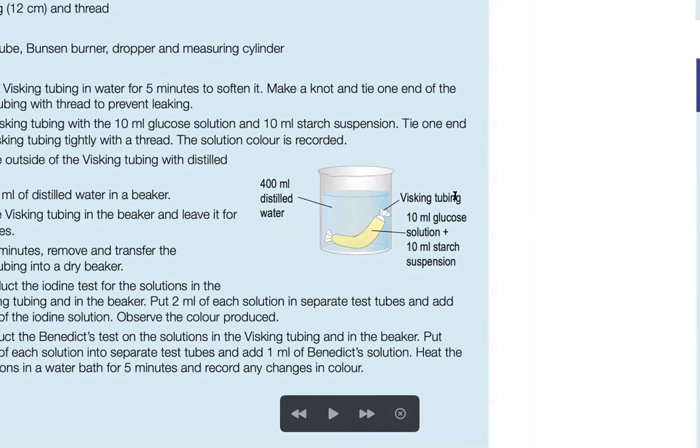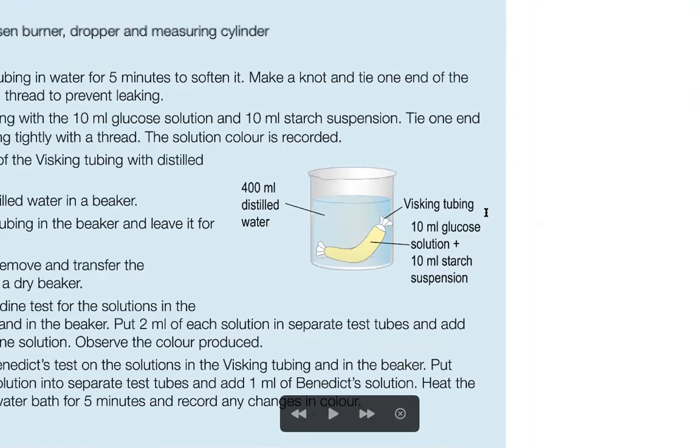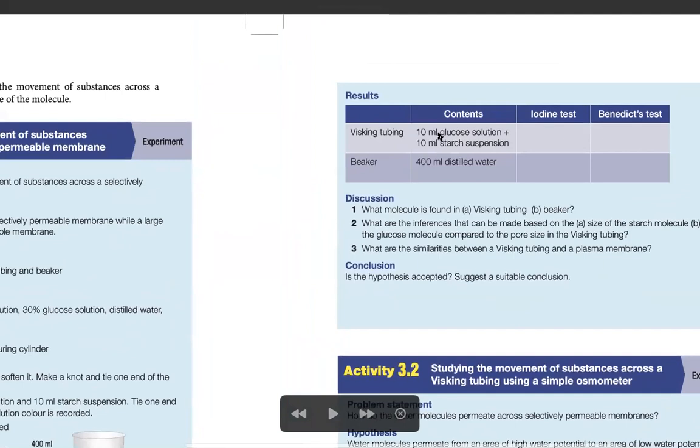So awak dah nampak kan. At the end of the experiment, glucose gets out. Maksudnya glucose ni akan bercampur dengan distilled water, but the starch will remain in the Visking tube. So awak tengok ni the result.